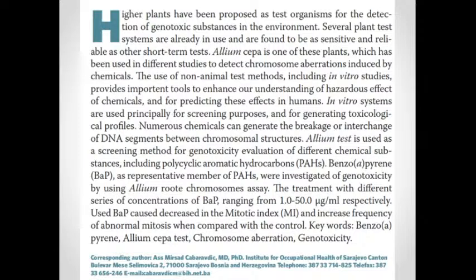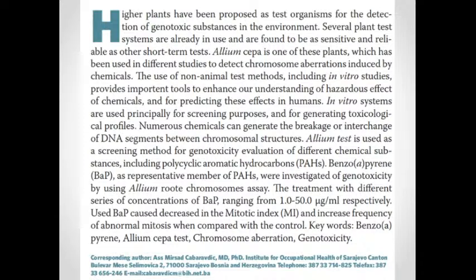In vitro tests are used principally for screening, for generating toxicological profiles. Numerous chemicals can generate breakage or interchange of DNA segments between chromosomal structures. So the Allium test is a screening method to check the genotoxicity evaluation of different chemical substances, including polycyclic aromatic hydrocarbons. The representative member is BAP, that is benzopyrene.